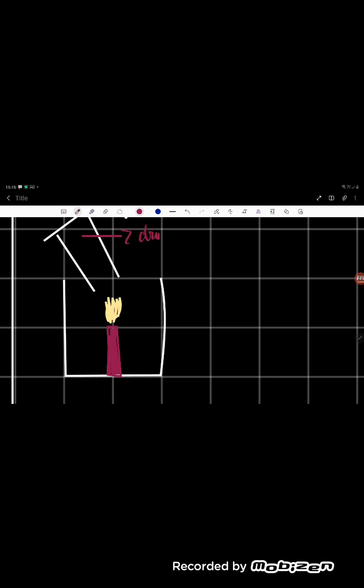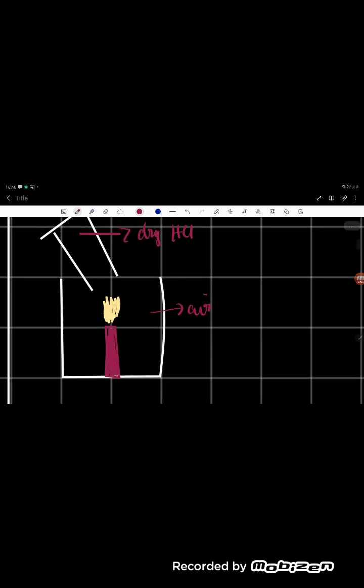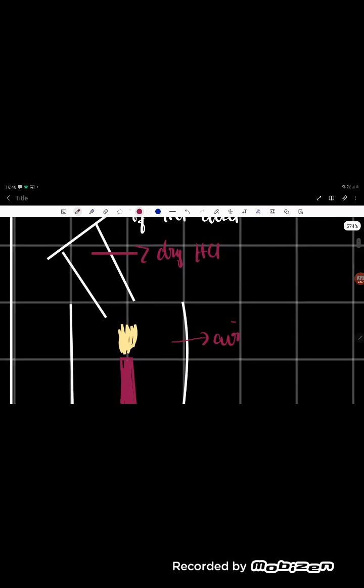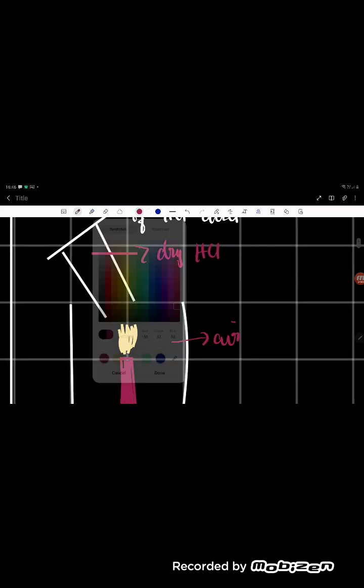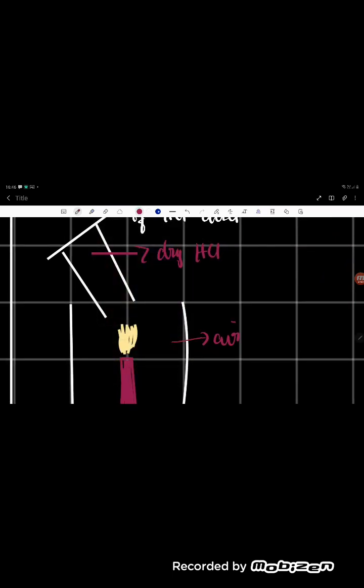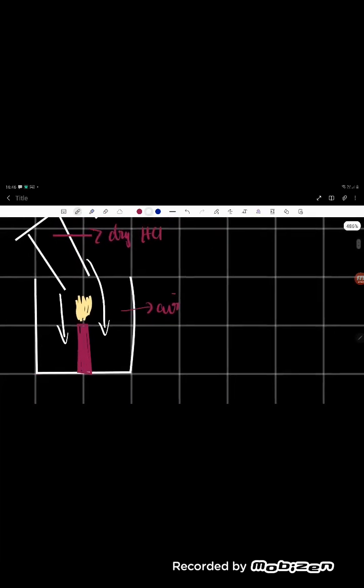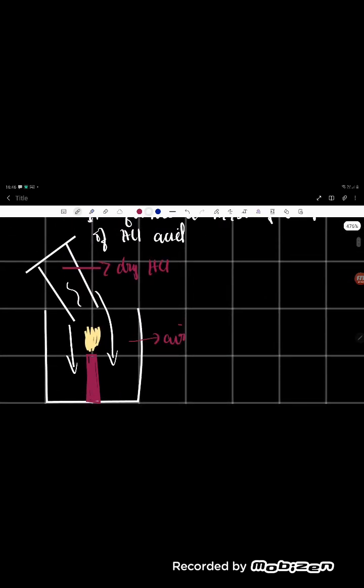I'll do that again: dry HCl and air. Now when you bring this closer, let me draw arrow marks to show that all the dry HCl gas inside will fall to the lower part here, and all the air will be on the top.